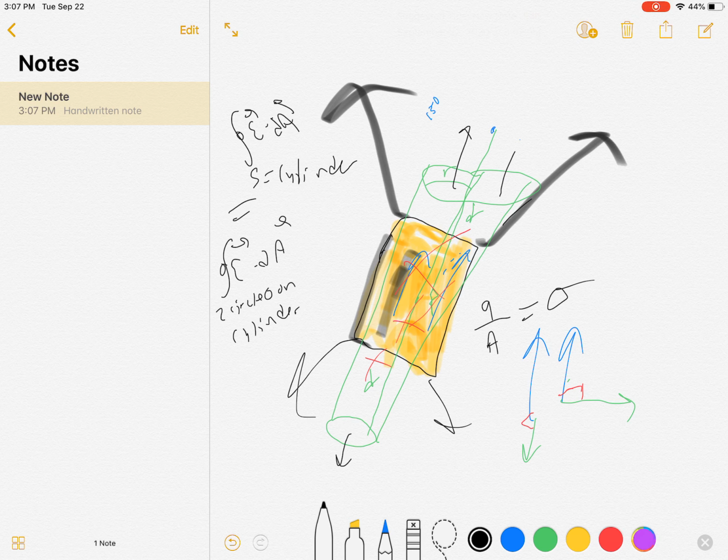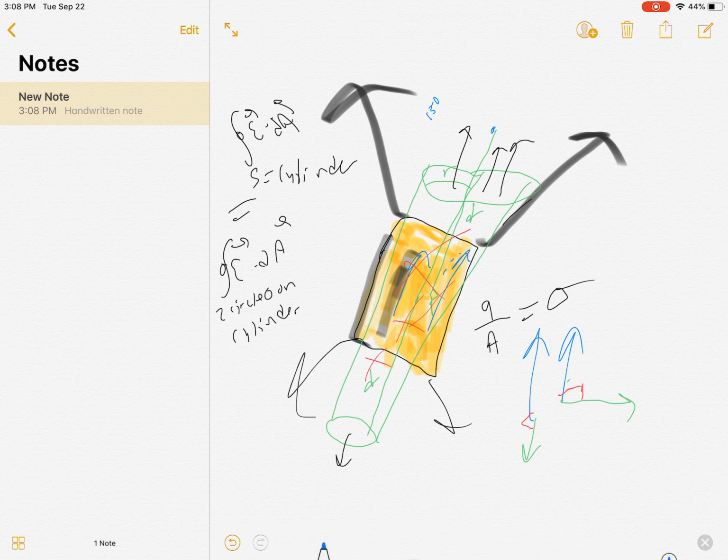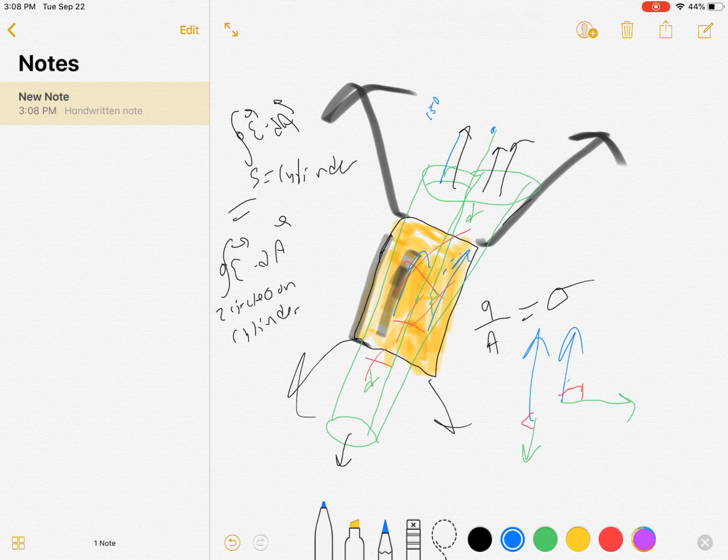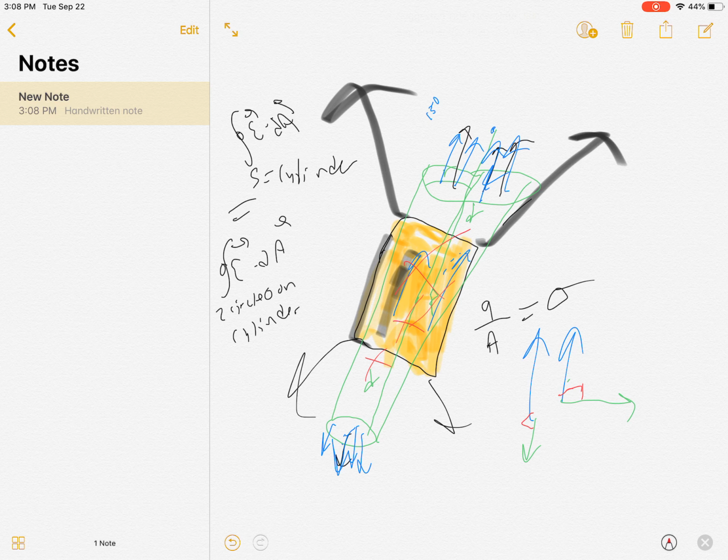So we have the same field vector at every single point. Those are actually outward normals, but I'll draw the field vectors now. Same field vectors, which are blue, at every single point on the circle. Here it's the same field vectors except in the opposite direction as they were above. And the outward normal can also be considered the same at every single point.